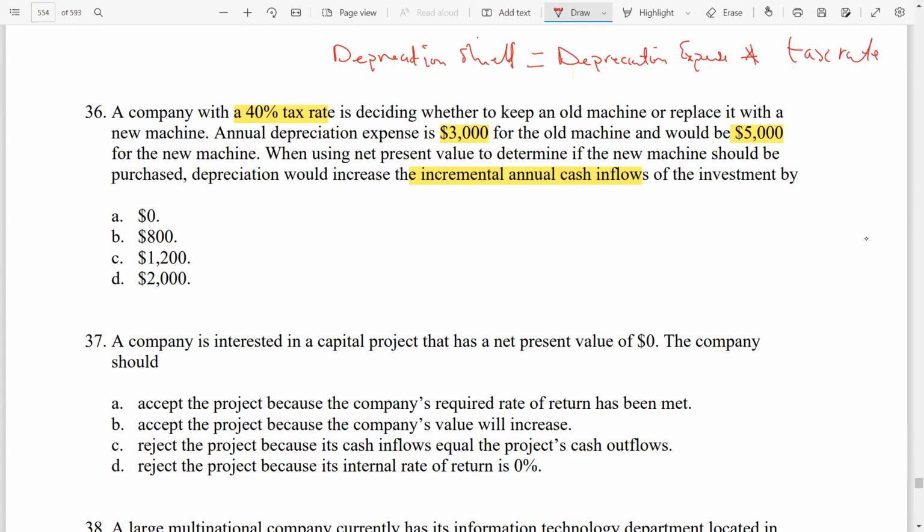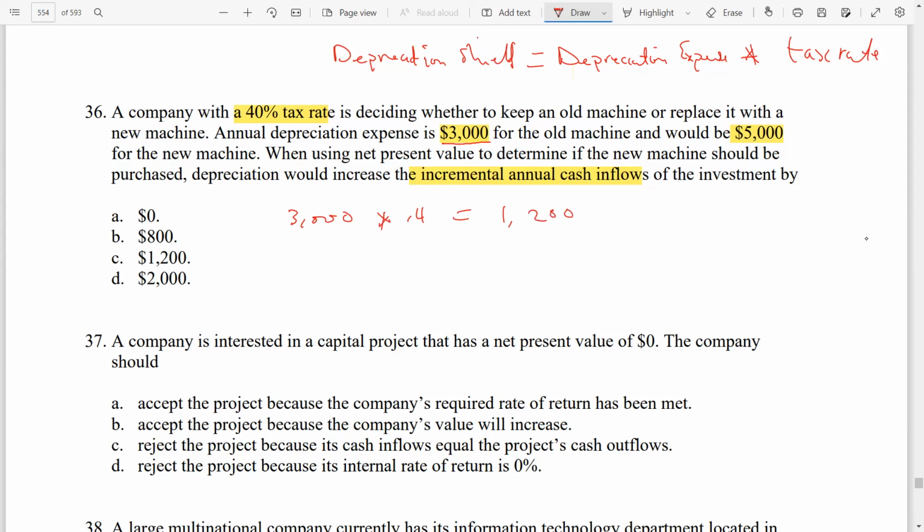All right. So if we invest in the new machine, or let's see, annual depreciation expense for the old machine. Okay, so the old machine, how much tax savings do we get? And we are getting rid of that. The old machine was saving us 3,000 depreciation multiplied by 0.4, which is 1,200.